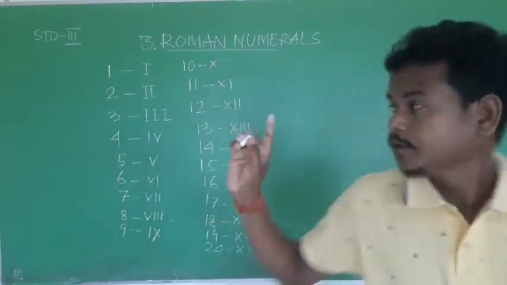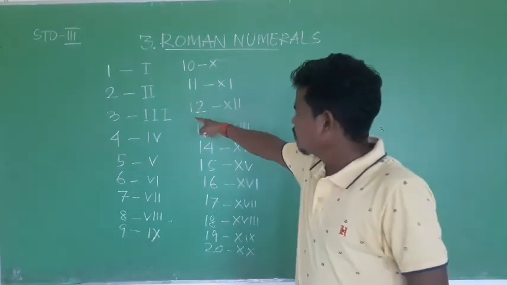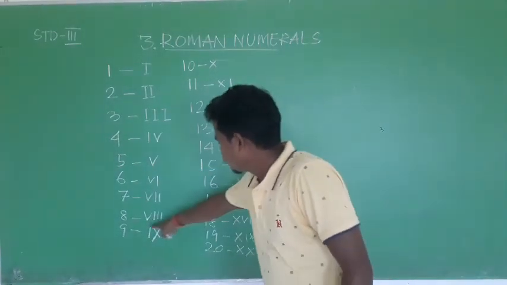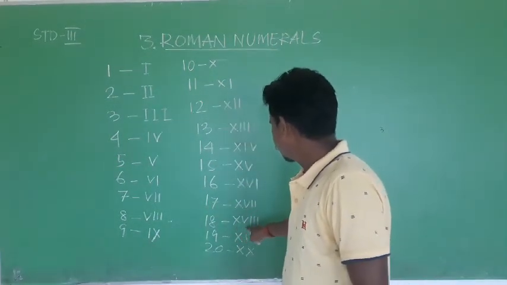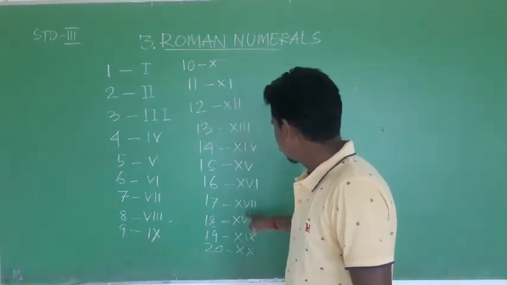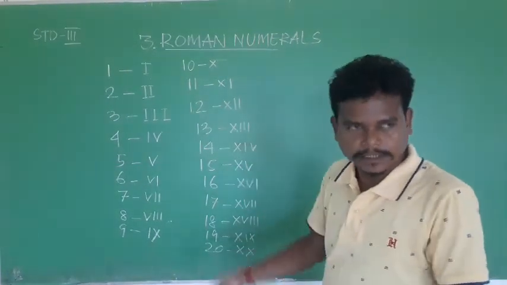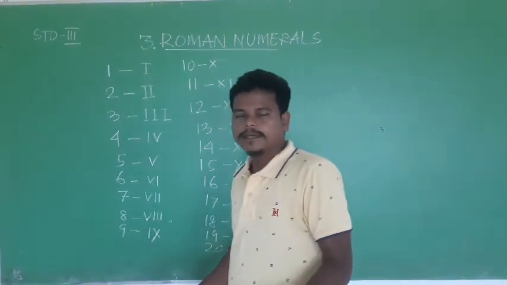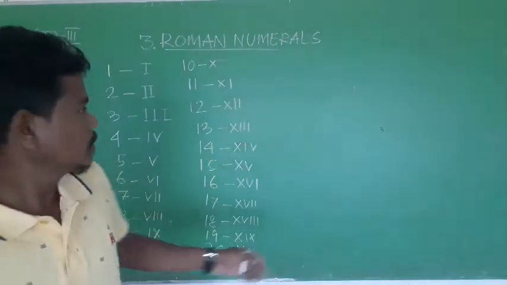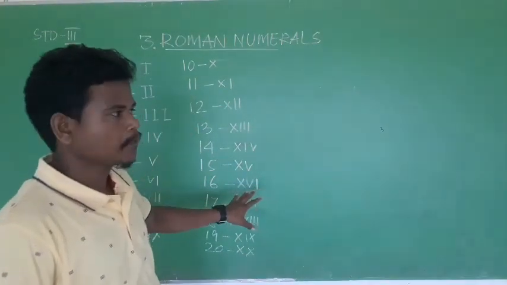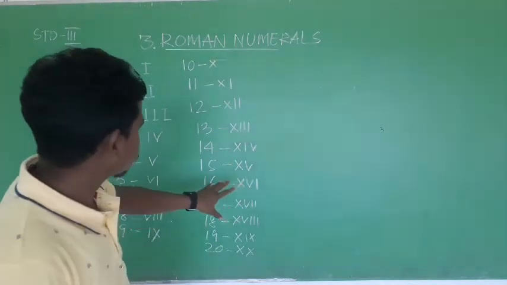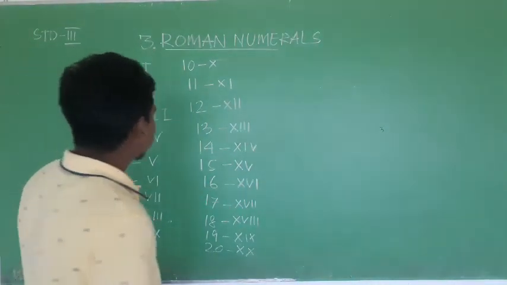Somewhere you see II, III, IV, VIII, IX, XVI, XVIII, XIX, or whatever, right? How are these writings possible? What are the rules we see now?